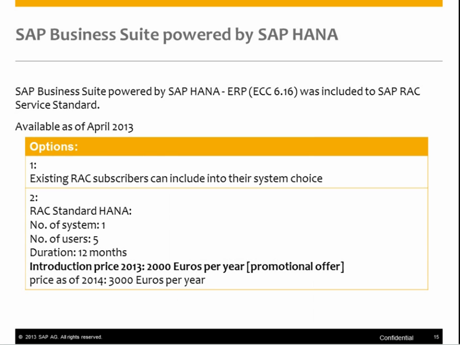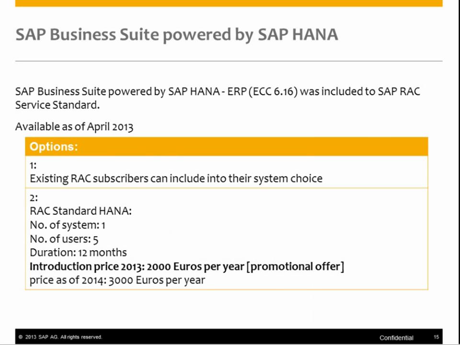For all other parties, we have a special offering called RAC Standard HANA. There is only one system included, that is the Business Suite powered by SAP HANA. You can get up to 5 user accounts for the system. Duration is planned for 12 months.